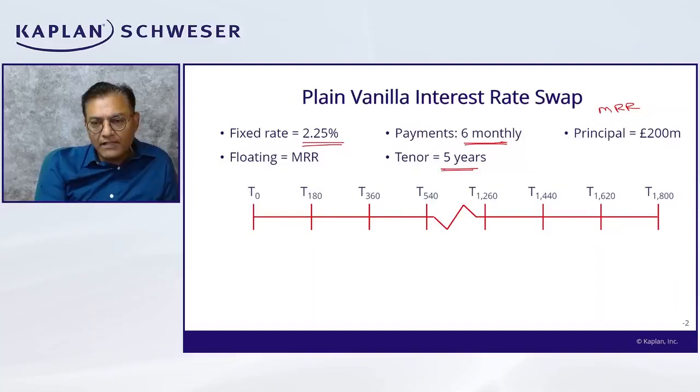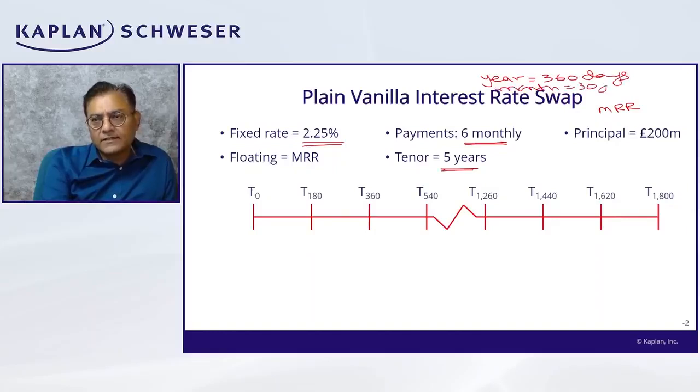In this timeline, I've not given you all the settlement dates. There is a break here, but basically think of it as 10 settlement dates. Now, in the MRR world, or previously the LIBOR world, a year was defined as 360 days and a month is 30 days.